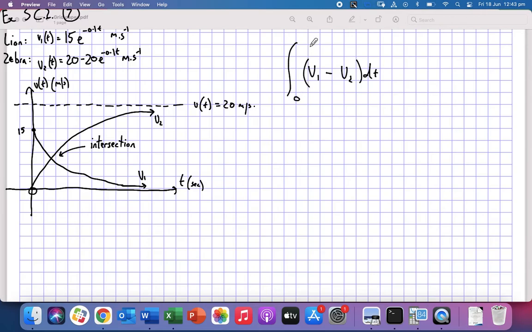We now need to go up to this point. I think 5.6 is good enough, right? And see, if it's greater than 40, it means the lion caught the zebra, because remember they started 40 meters apart.